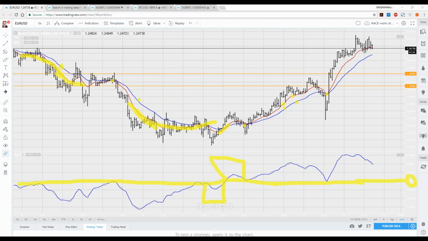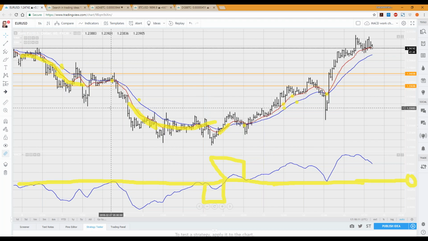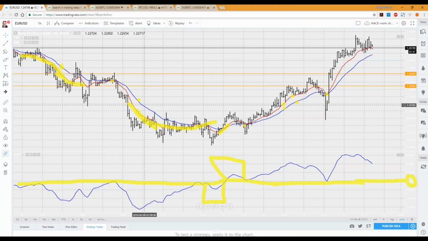Hold on a second. Okay. When we see the 12-period moving average below the 26-period moving average, we would be taking that 12-period moving average and subtracting the 26-period moving average. So when that 26-period moving average is larger than the 12, we would get a negative number, correct?